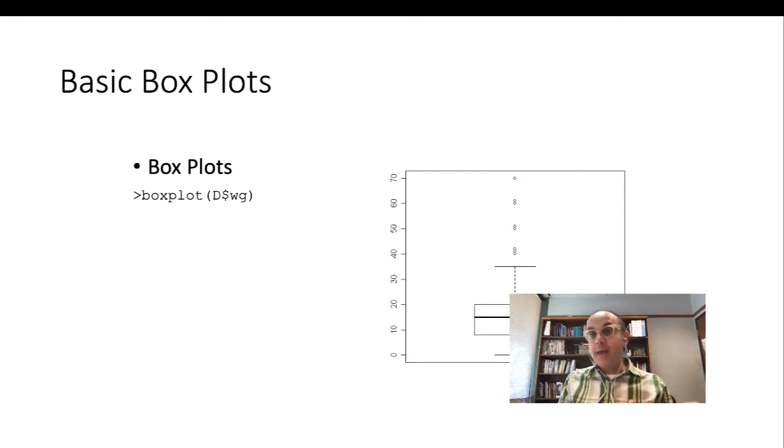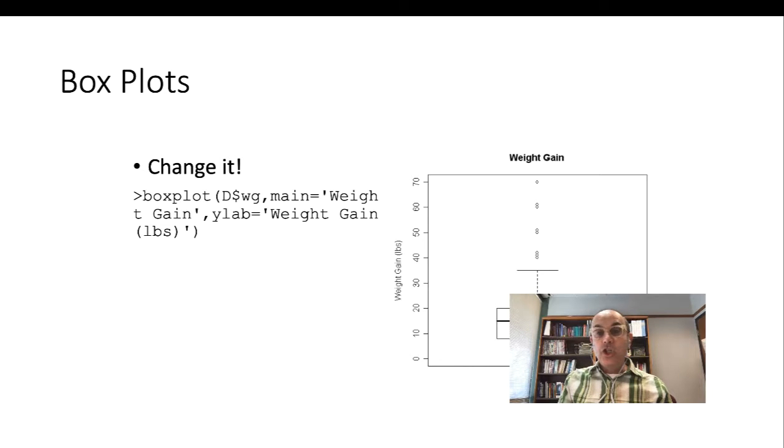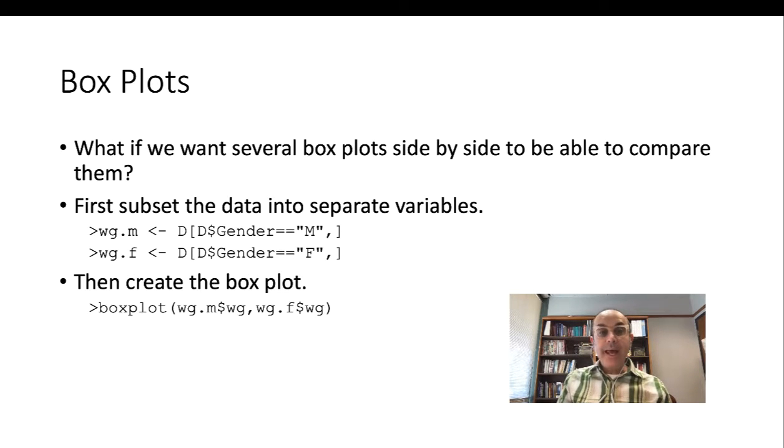Again, same data set, changed a little bit, and I can add the y-axis title, and make it compare them to one another: WG compared to WG dot M compared to WG dot F. Again, I know that I'm not familiar yet with the data set.